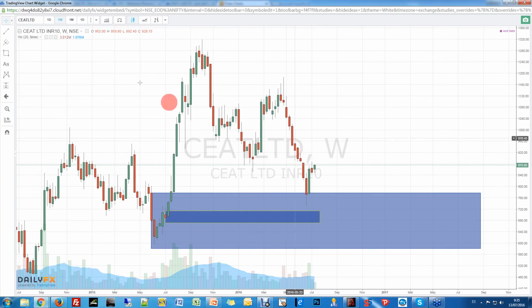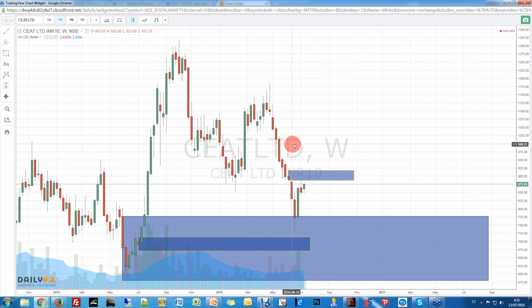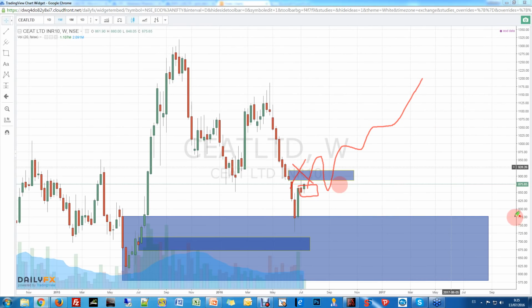Yeah, but really bad quality against a higher time frame area of demand. Sorry, I've got a cold, I believe. So, if this area is out, new areas of demand will be created. And this is what it looks like. Long bias on this one.